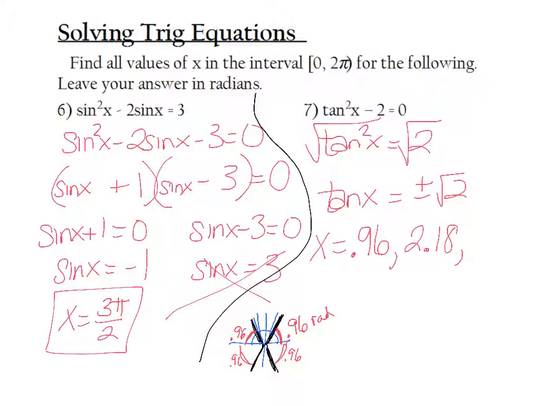To find this marked angle, I would take pi and add the 0.96. This makes you appreciate the unit circle when you have to start dealing with all these funny things. The last one would be this one here, and the simplest way probably for me to get that would be to take 2 pi, subtract the 0.96.